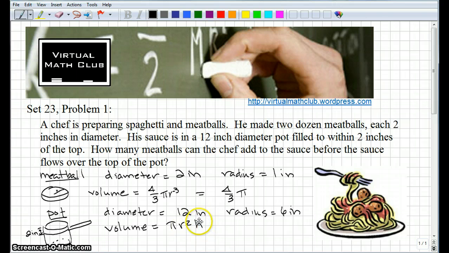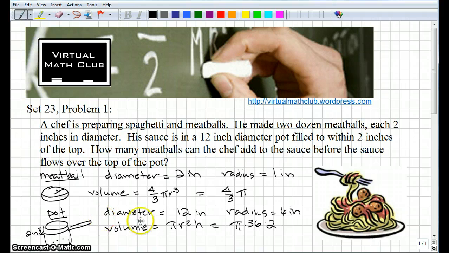Because it's basically a prism, only with a round bottom. So the volume of a cylinder is pi r squared h, and in this case the radius is 6, so we have pi times 6 squared, which is 36, and the height of empty space is 2.